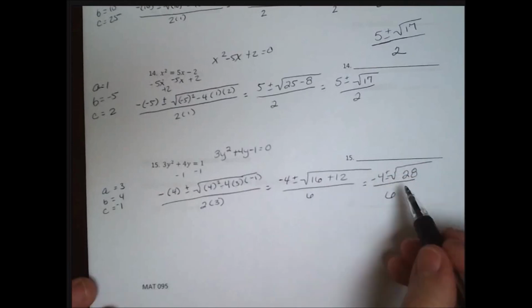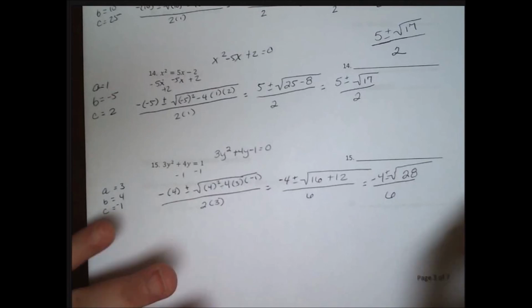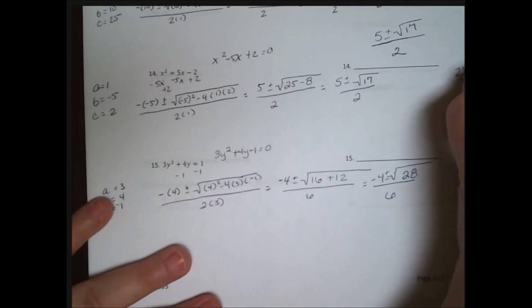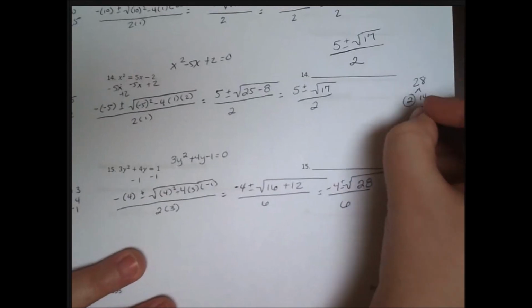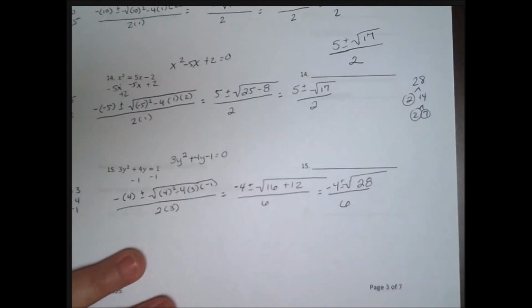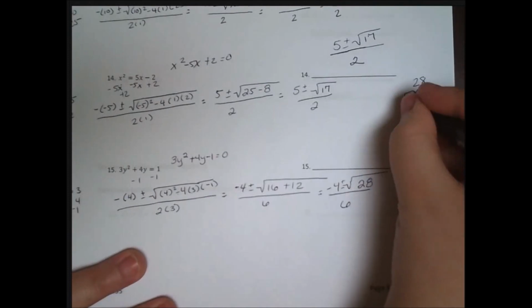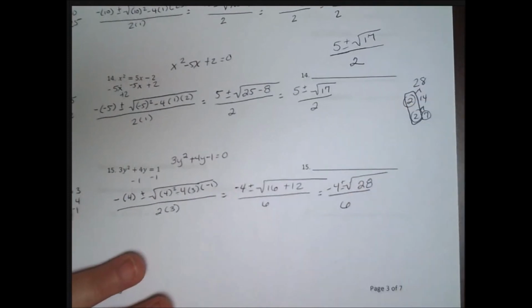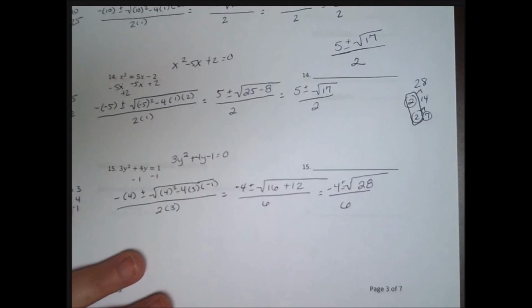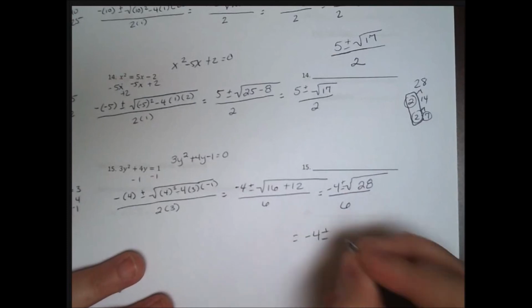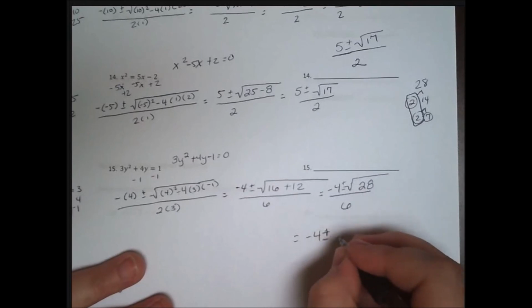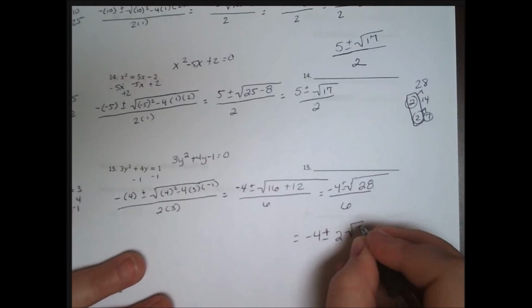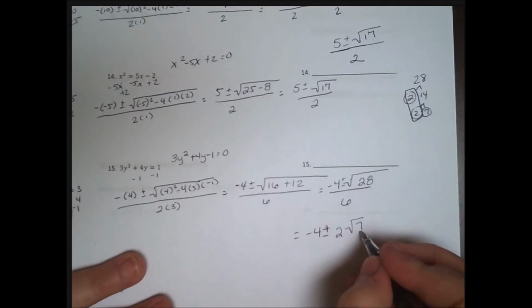Now let's go ahead and break down that 28. So 28 breaks down to be 2 and 14 and then 2 and 7. So these 2's here are going to come out of the radical. So remember we talked about if they're pulling directly out of the radical, they're going to go on the right side of the plus or minus. Your 7 stays under the radical all over 6.